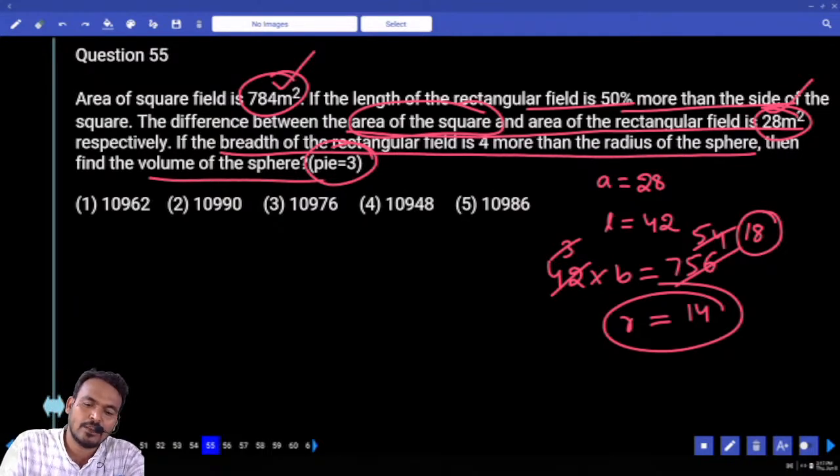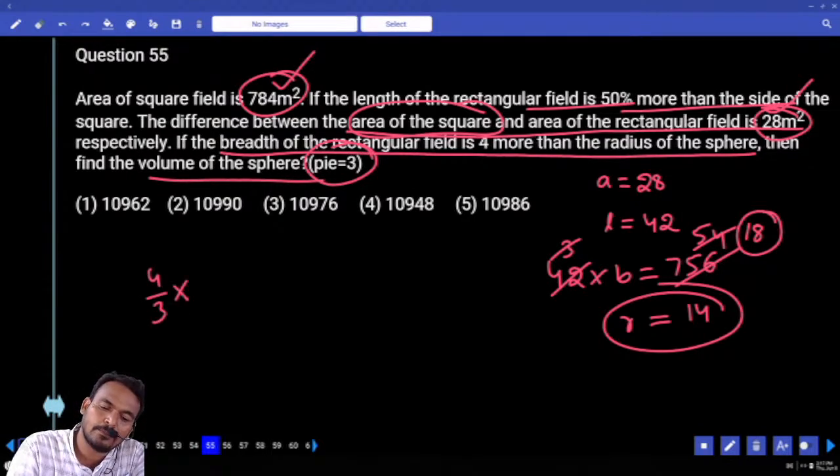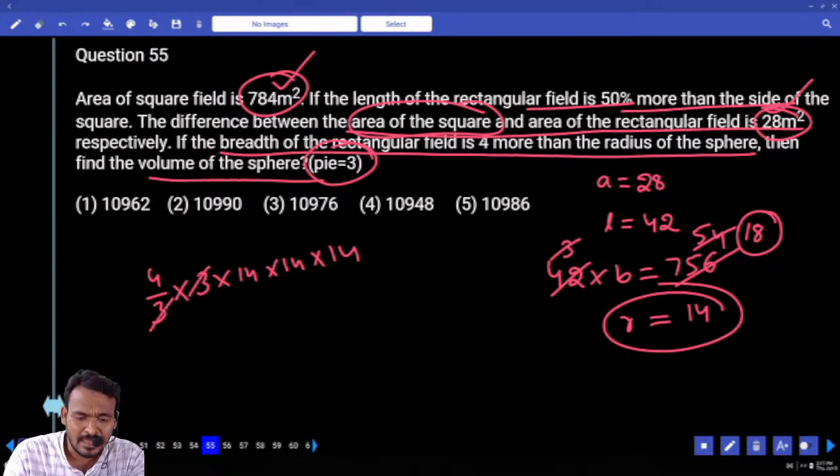Okay. What is the volume of a sphere? 4 by 3 pi r cube. What is the pi value? 3 into r cube. R cube means 14 into 14 into 14. The 3 gets cancelled. It ends with 6. Ends with 6.